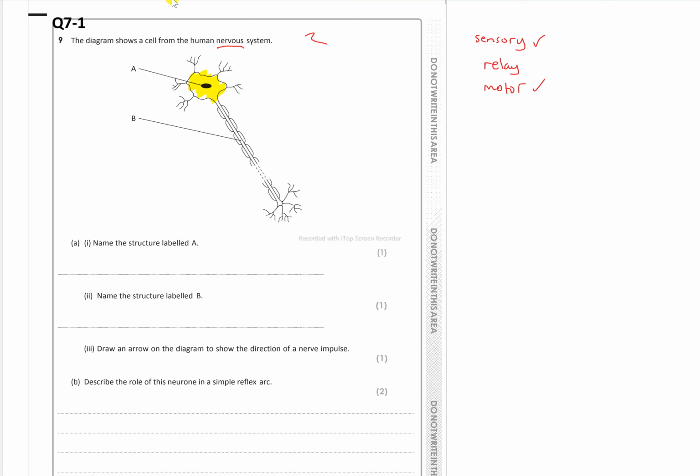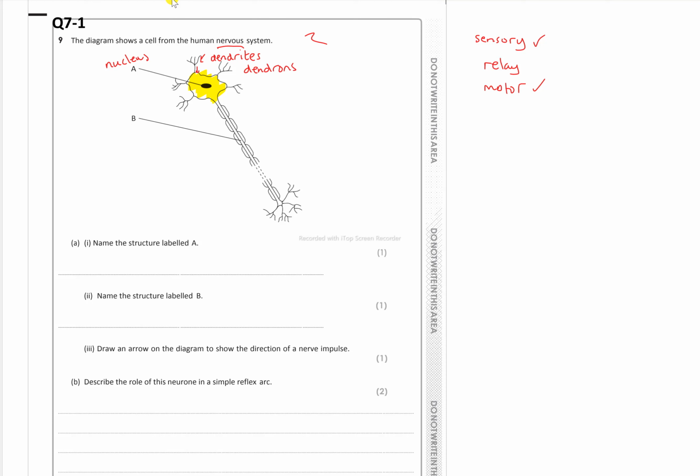This is the cell body. That bit inside is the nucleus. The signals travel in this direction. The parts that the signals travel towards the cell body are called dendrites or dendrons.